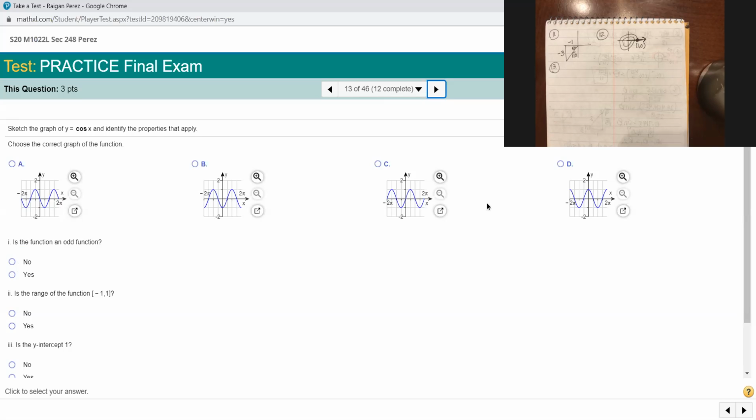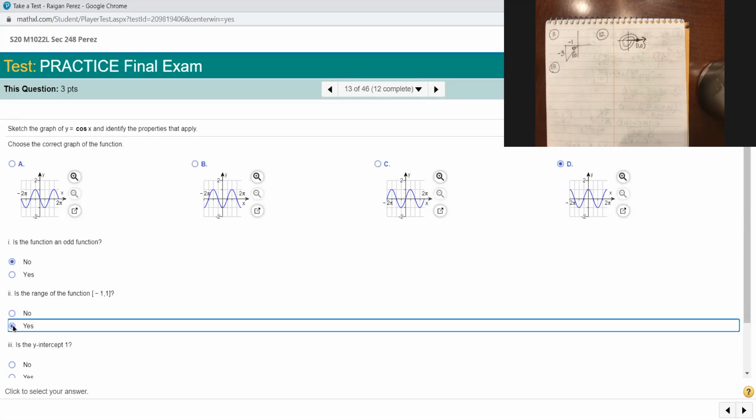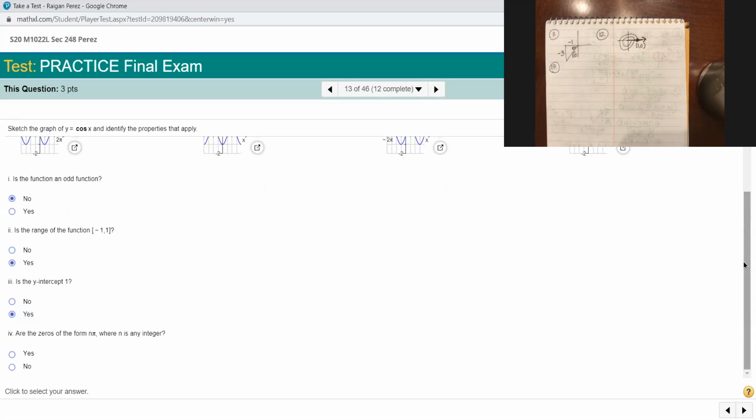Okay, so is this an odd function? No. Cosine is even. Is the range -1 to 1? Range is a y-axis, yes. Is the y-intercept 1? Yes. Are the zeros of the form n pi where n is an integer?